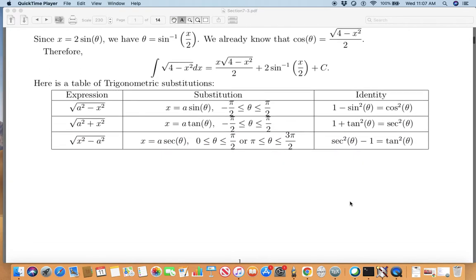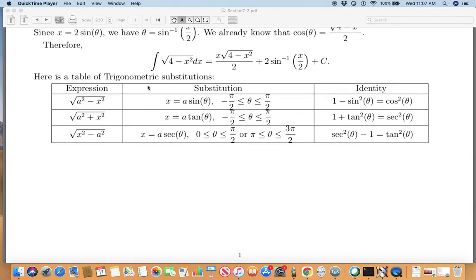So here is the table of trigonometric substitutions. When you have the square root of a squared minus x squared, a being some fixed constant, like in our case 4, the substitution should be x equals a sine theta. Square root of a squared plus x squared, so if you have a plus, then x should be a tan theta.